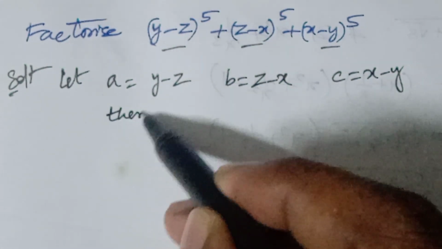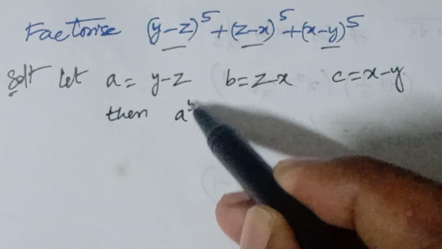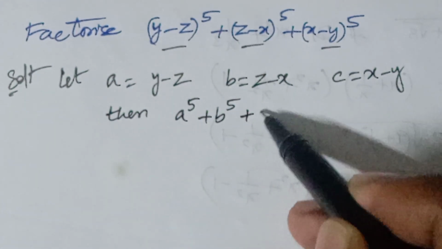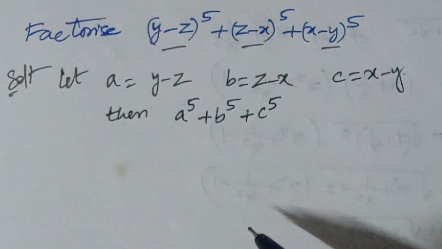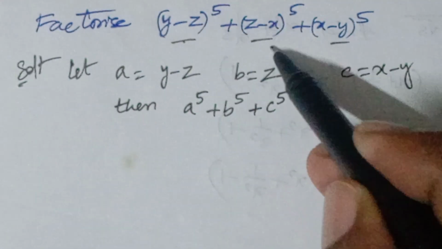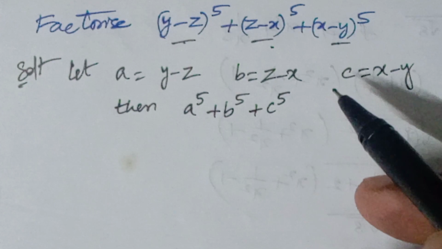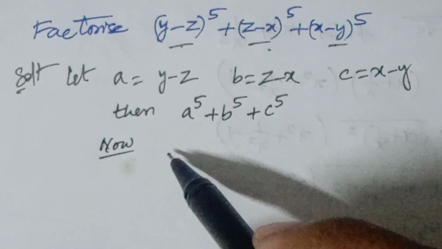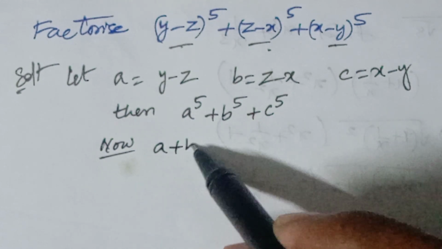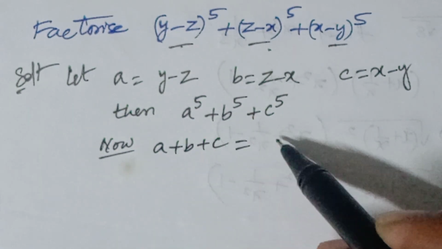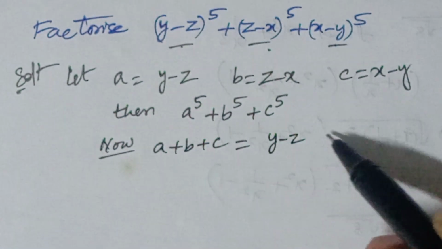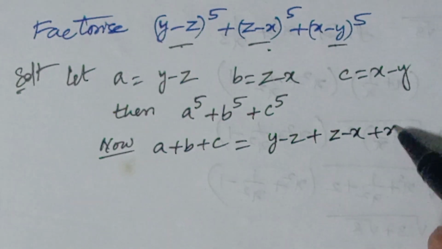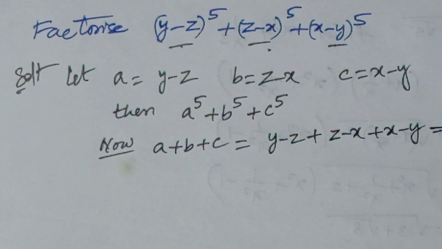Then what is happening here? a to the power of 5 plus b to the power of 5 plus c to the power of 5. Now if we add all the terms, a plus b plus c, y minus z plus z minus x plus x minus y, we are getting 0.